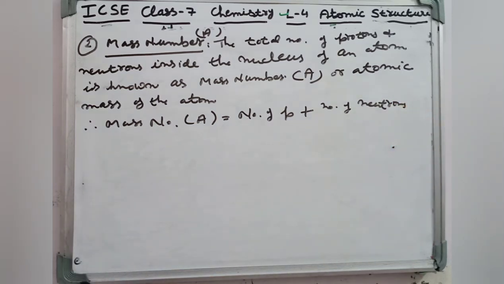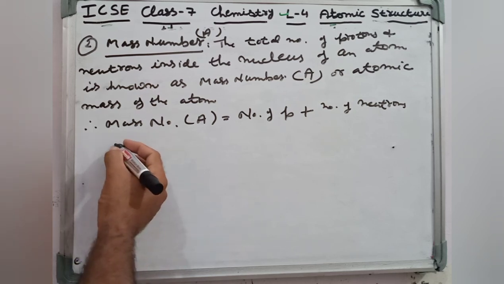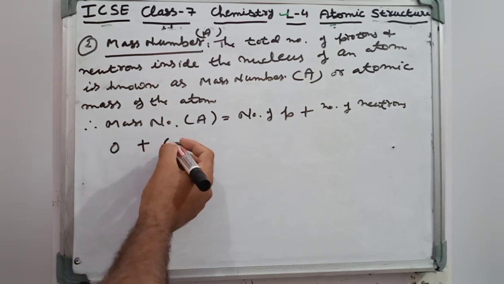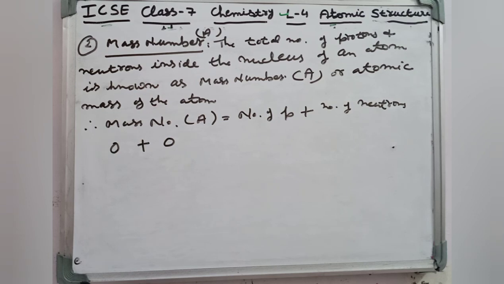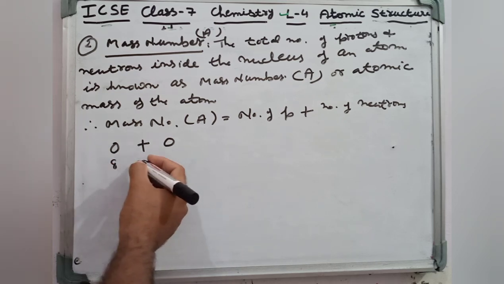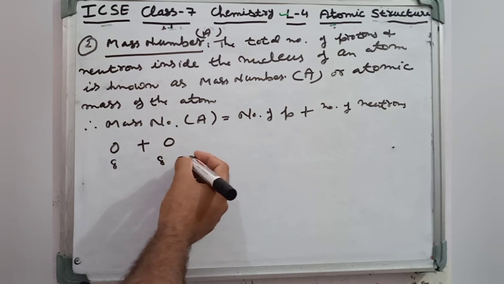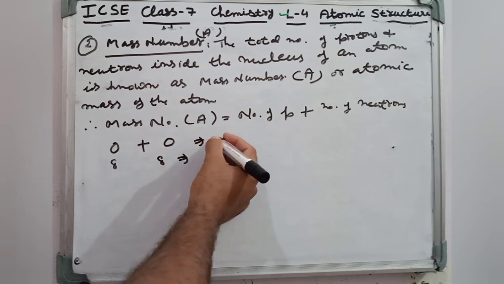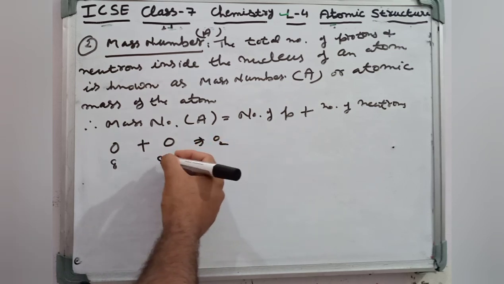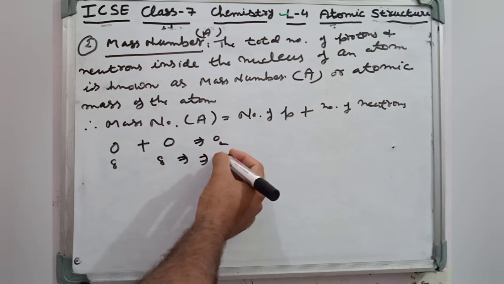Right? Now I have told you earlier, oxygen is made up of two similar particles, that is O and O. It has 8 protons, 8 neutrons. That means this O2 has 8 plus 8, 16.